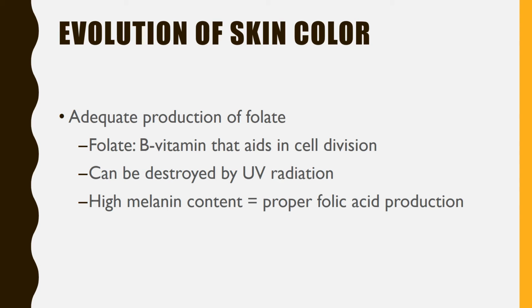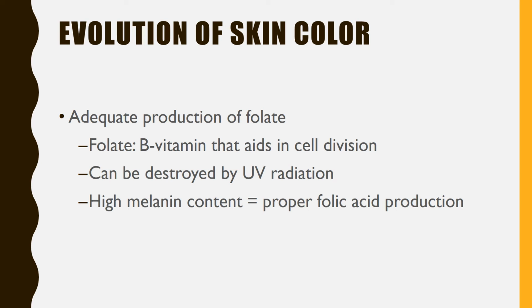It's an important thing to have, because if we don't have adequate amounts of folate in our body, then proper cell division won't occur. This can cause a folic acid deficiency. Some symptoms of this can include anemia, infertility, and various birth defects.